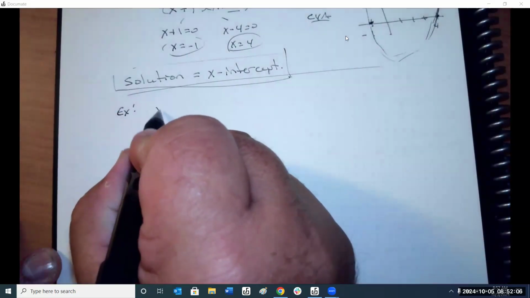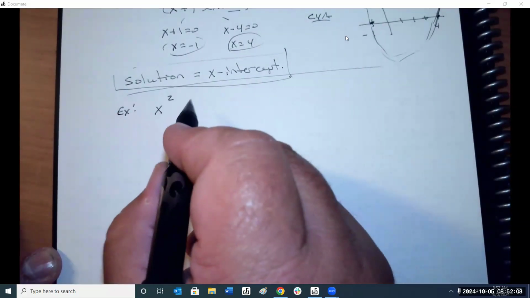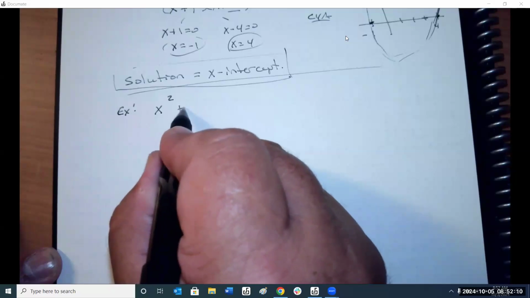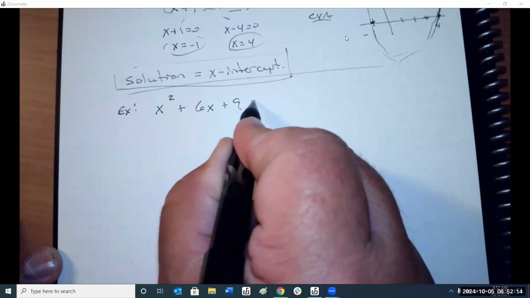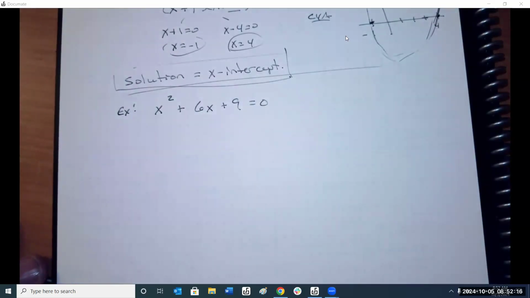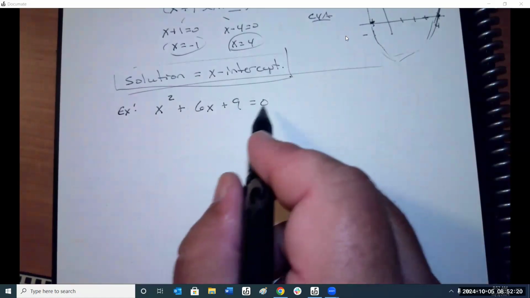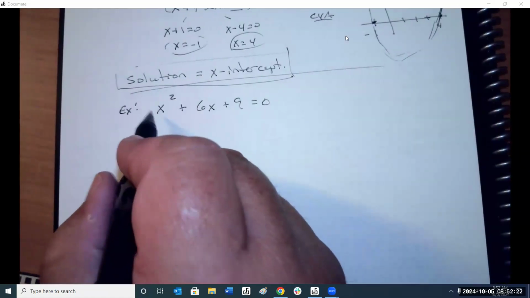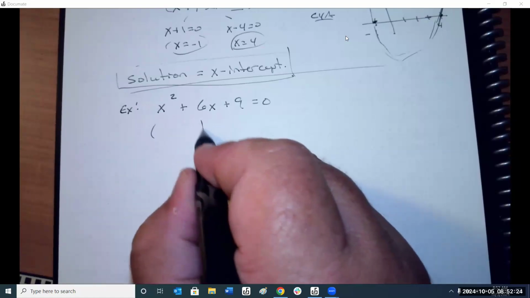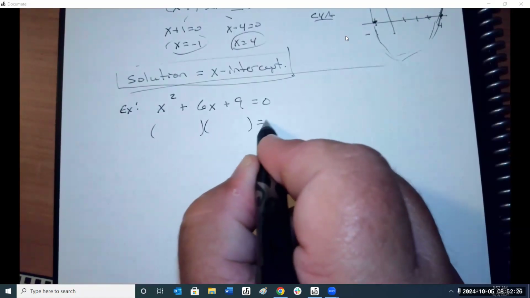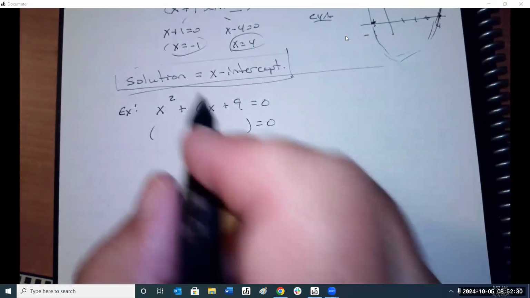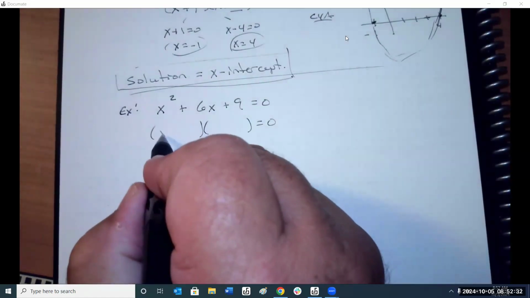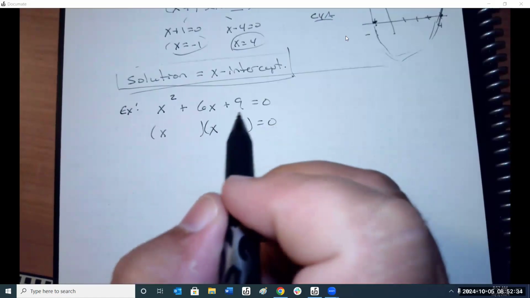Let's look at another one. X squared plus 6x plus 9 equals 0. Equals 0, check. A is 1. Put my parentheses. So I have x and x.